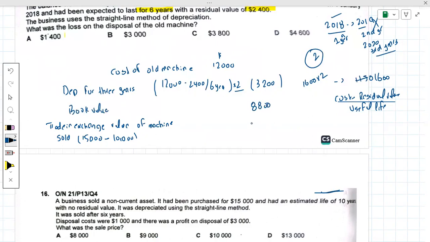So this is $5,000. So this is the sale proceed. So it means that we have got a loss on disposal, which is $3,800.